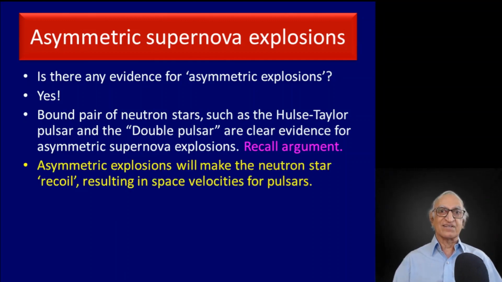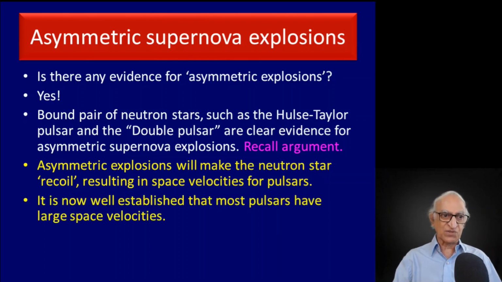Now, let's consider an asymmetric explosion of a solitary star. What will an asymmetric supernova explosion do? It will give a kick to a neutron star. Since the neutron star is not at the center of a spherically symmetric explosion, it will recoil and it will acquire large space velocities. It is now very well established. Hundreds and hundreds of pulsars have been measured with large space velocities.